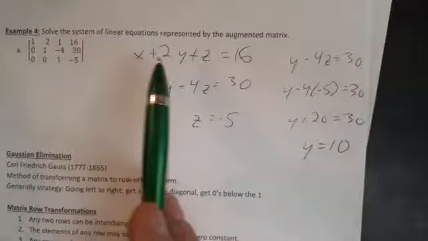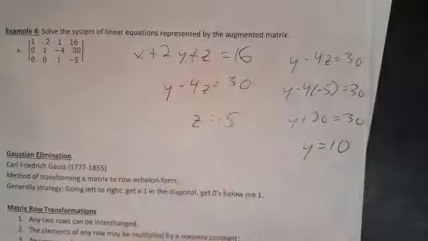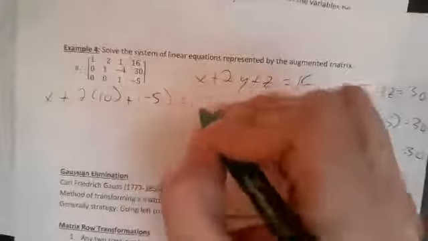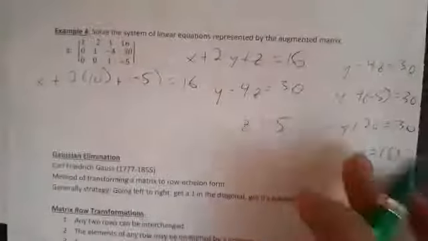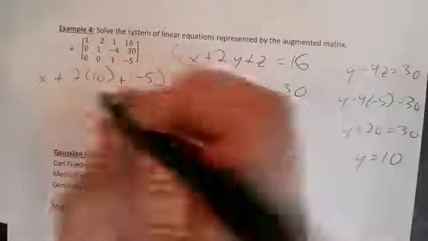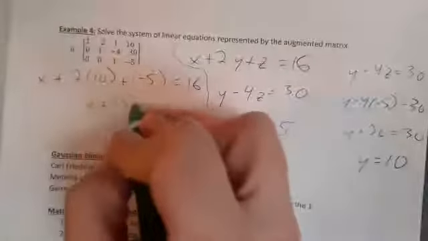The other thing I need is my x. So I'll have x plus 2 times y plus z equal to 16. x plus 20 minus 5 equals 16, so x plus 15 equal to 16.